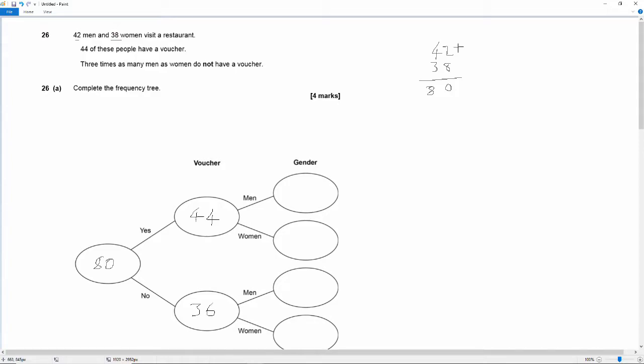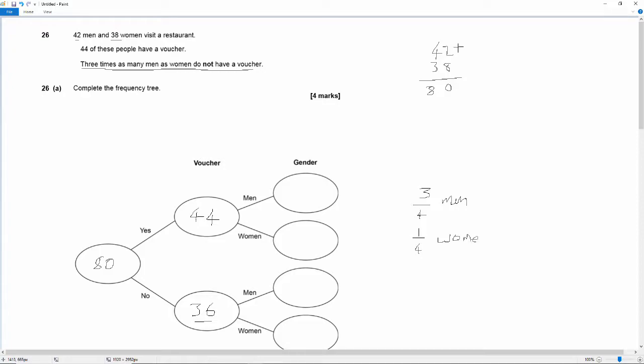So now we need to look at the gender. We know that 3 times as many men as women do not have a voucher. So if we look at those who don't have a voucher, 3/4 are men and 1/4 are women.